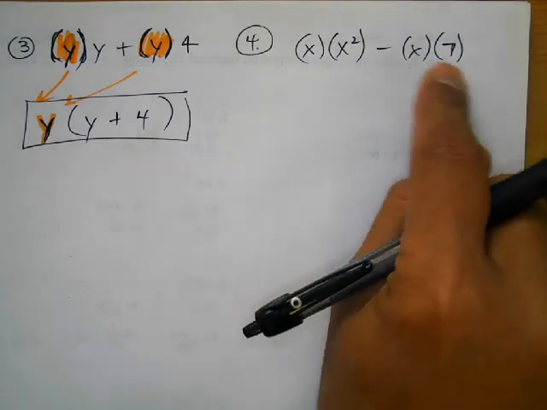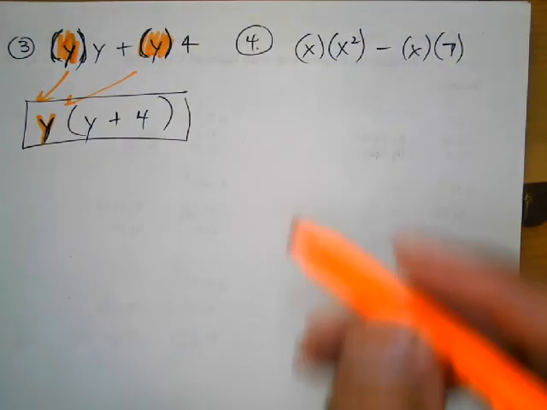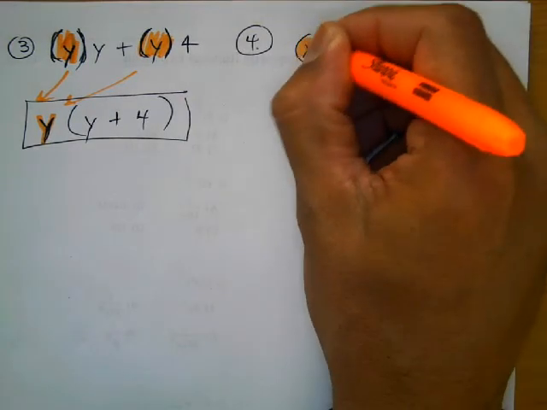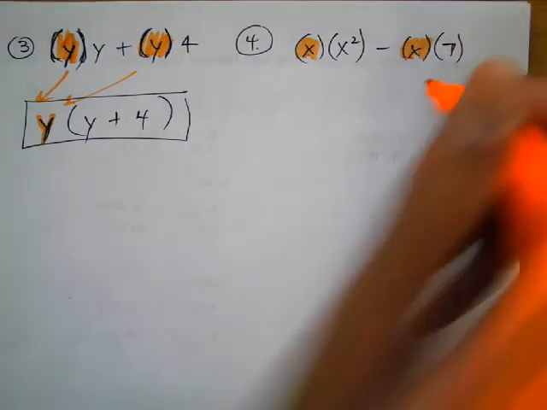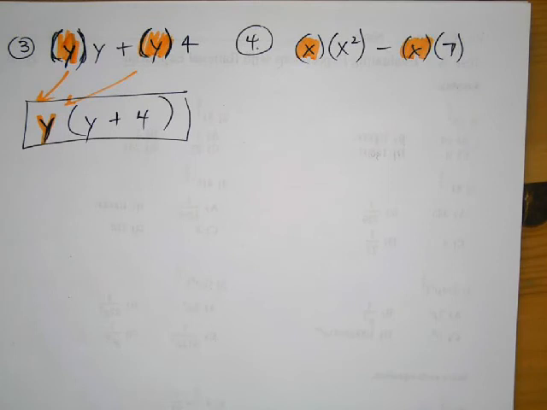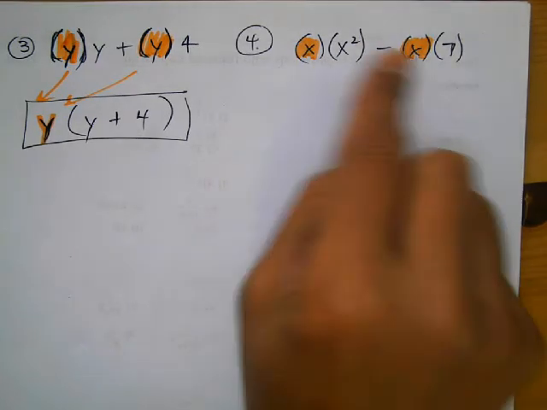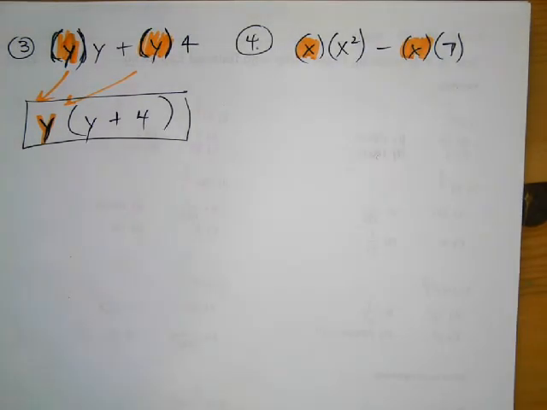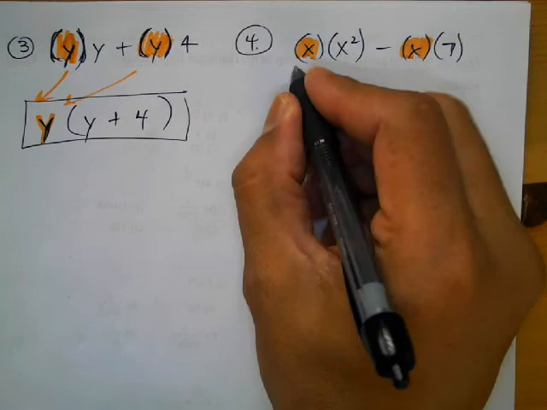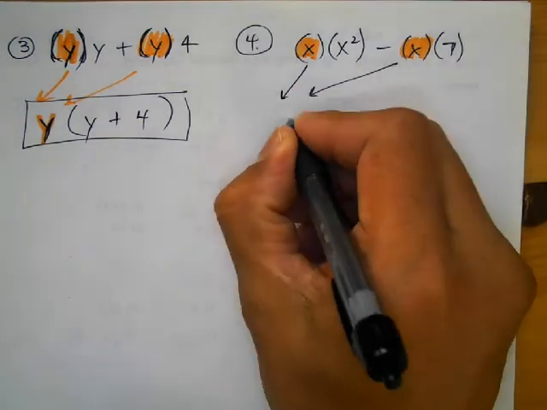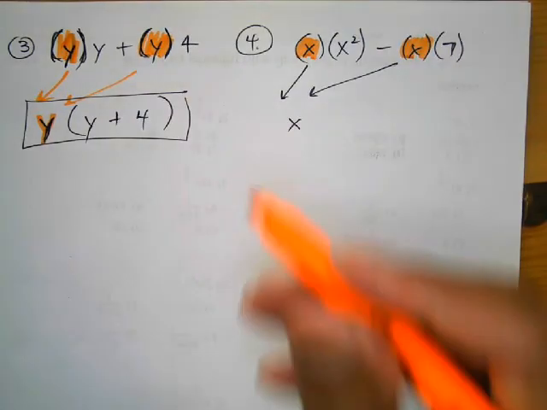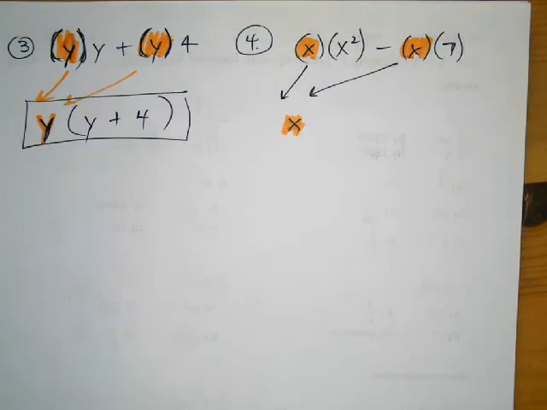There's a 7 here, there's not a 7 here. It can't be that. There's an x squared here, but there's not an x squared here. So what do we have in common? The x, only the one with the 1x. That's it. That's your common factor. Whatever is the same here and the same here, we can factor it out. Okay, so remember, when you factor it out, you only write it one time.